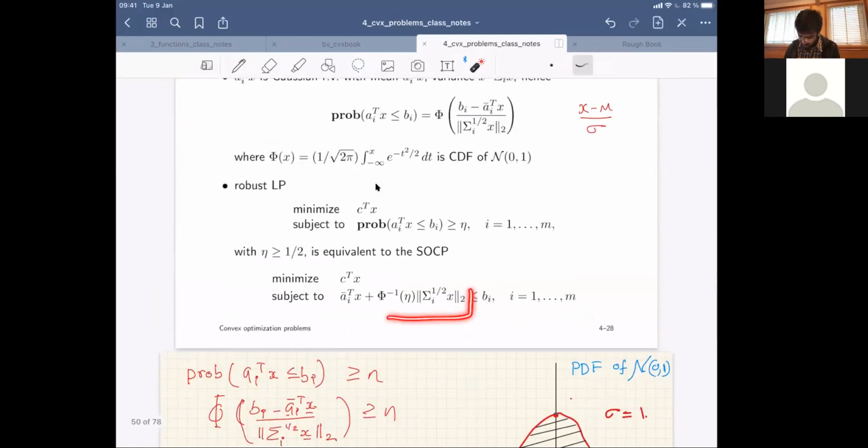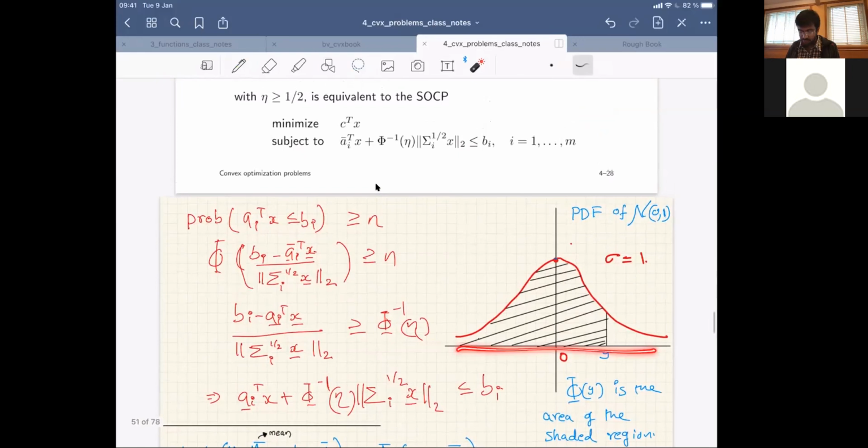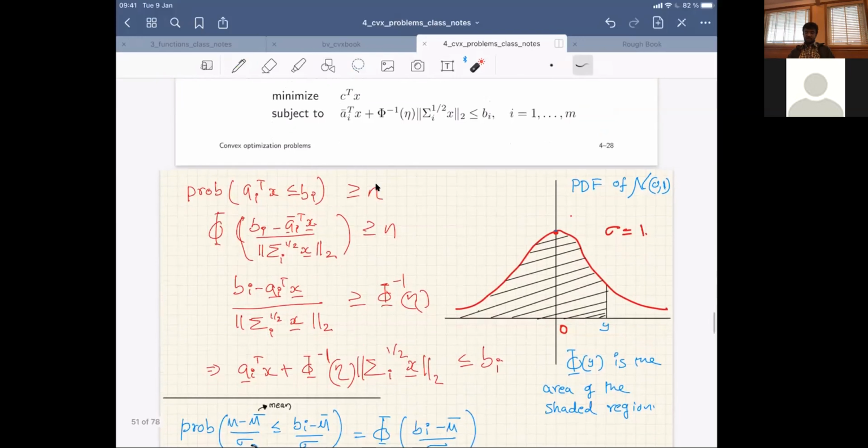Everything is positive in this term, apart from phi inverse of eta, which we don't know. So for what value of eta will phi inverse of eta be positive? Eta is a probability, right?